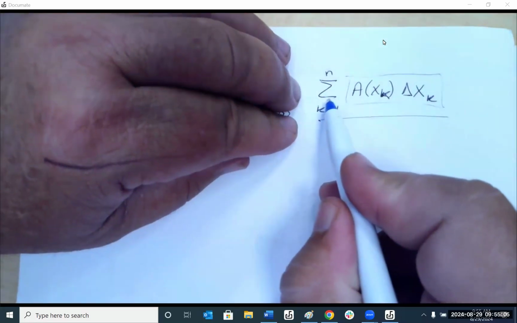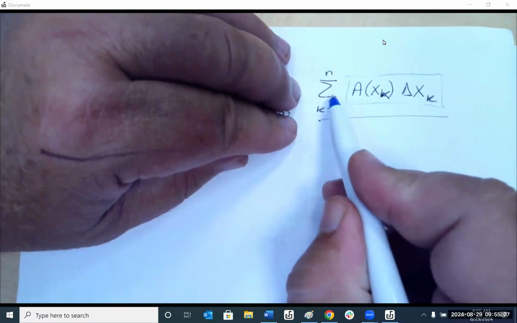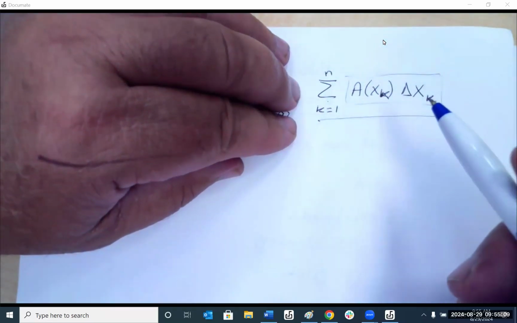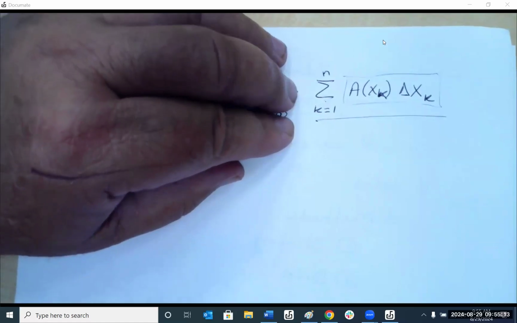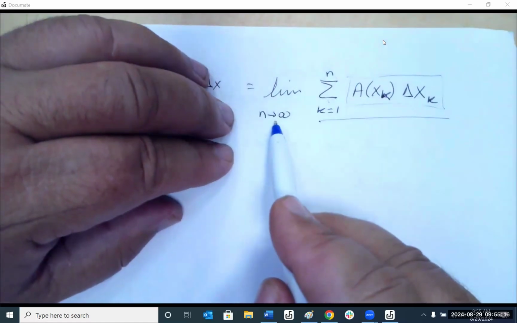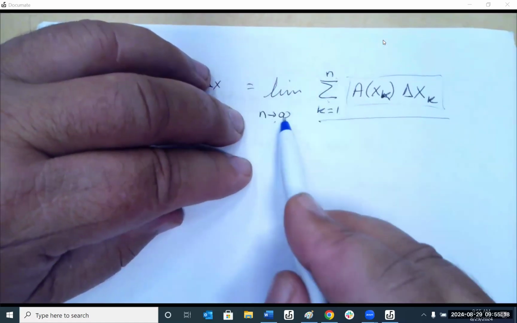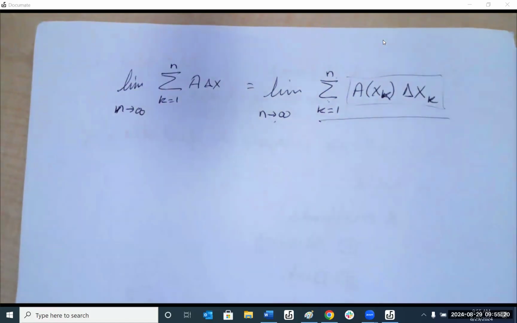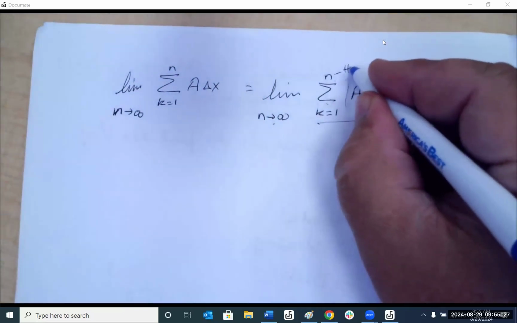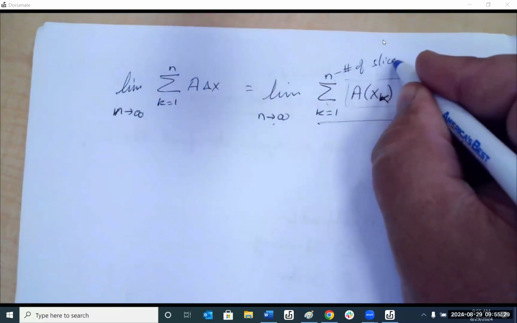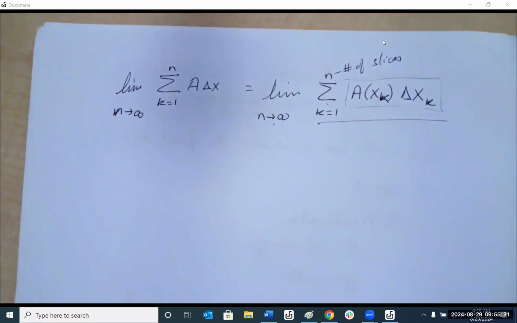When we add them all up, what do we get? The volume of the entire object. But it all depends on how big the delta x is, which is why we look at this. Now the n goes on to infinity. Meaning what? Meaning the slices get smaller and smaller. The more slices we have, this tells us the number of slices. The more slices we have, the more accurate our calculation becomes.